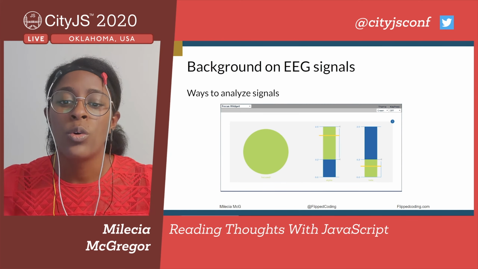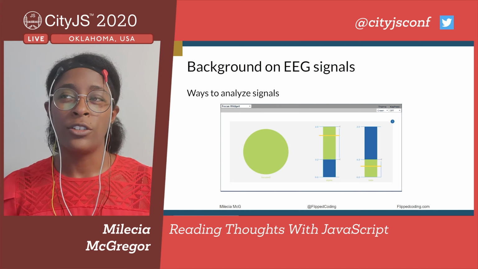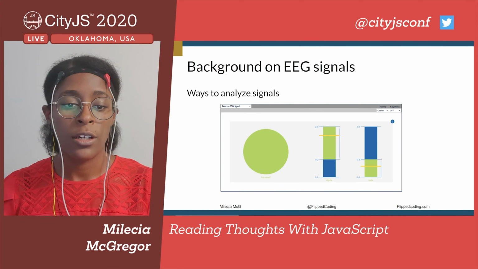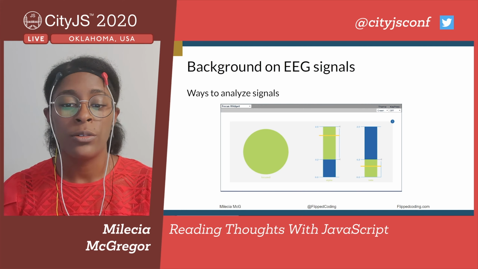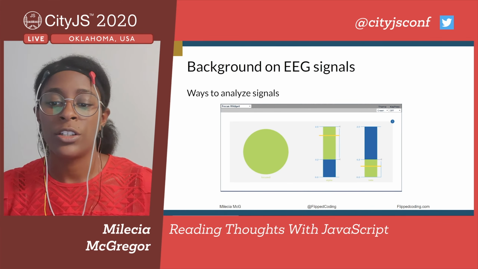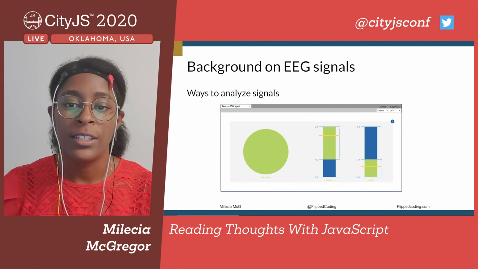And if you are trying to really understand particular brain waves, there are other apps you can use. This one shows you that you're focused because your beta activity is low and your alpha activity is high.